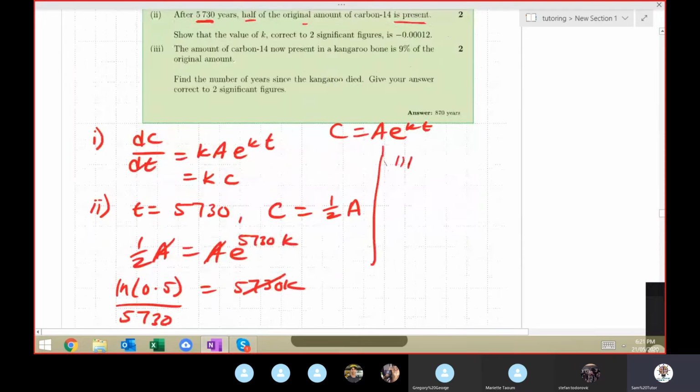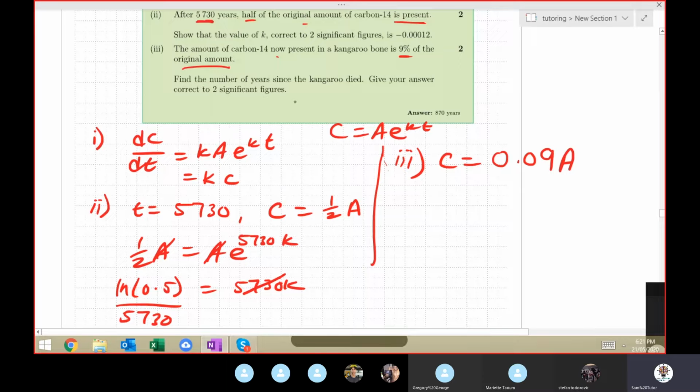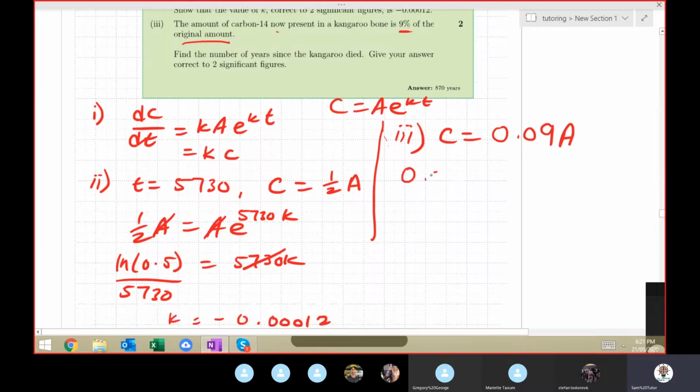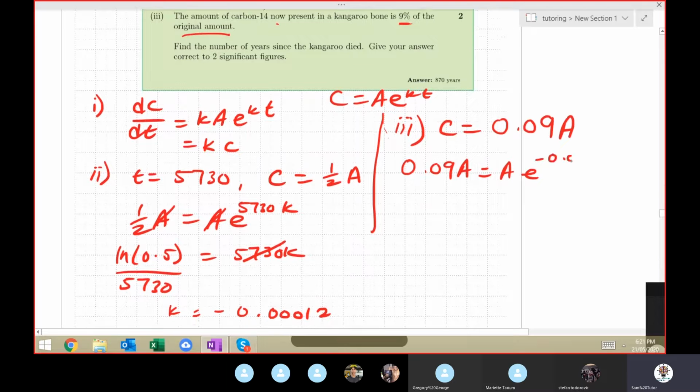Okay, easy. Part III. The amount of carbon-14 now present in the kangaroo bone is 9% of the original amount. So what does that mean? C equals 9% of the original amount. Find the number of years since the kangaroo died. Give your answer correct to 2 significant figures. And we do it again. So 0.09A. Is anybody not understanding what we're doing here? T you don't have. K you have, negative 0.00012, times T. The A's cancel out.